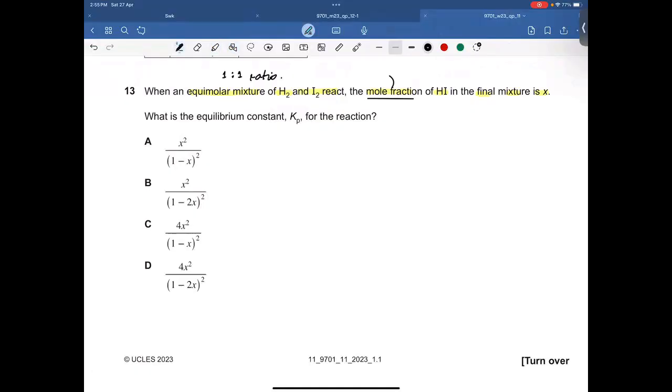Mole fraction was moles of gas over total moles. Is mole fraction, okay? So the mole fraction of HI is already given. What is the equilibrium constant Kp for this reaction? To find the Kp, we need to find out the partial pressure of all the gas.